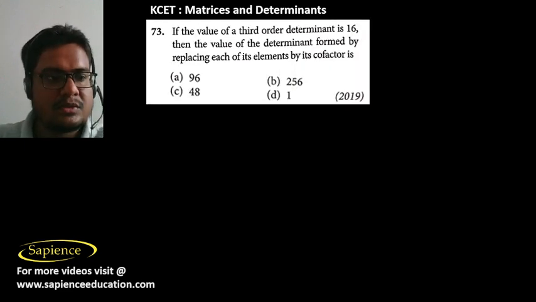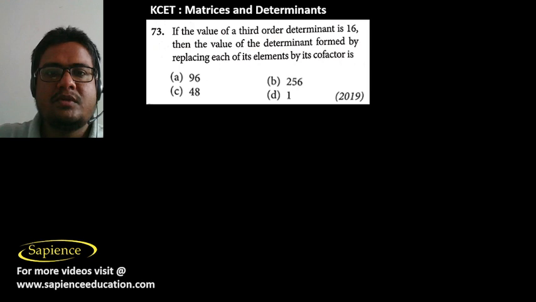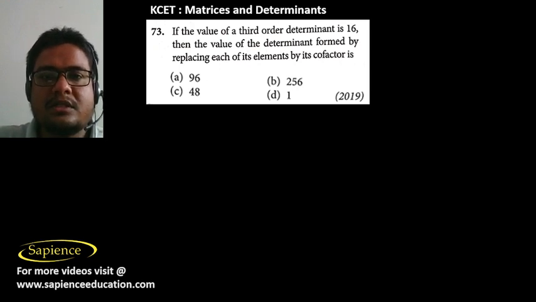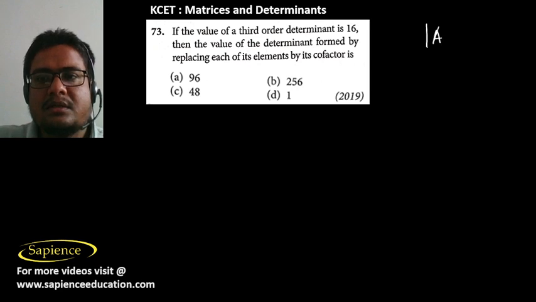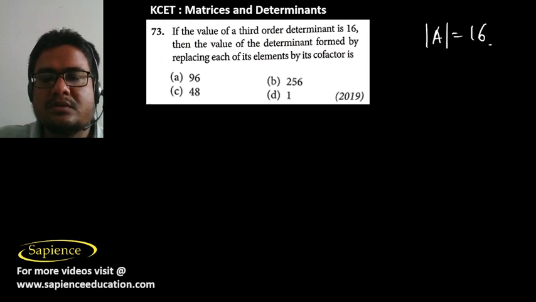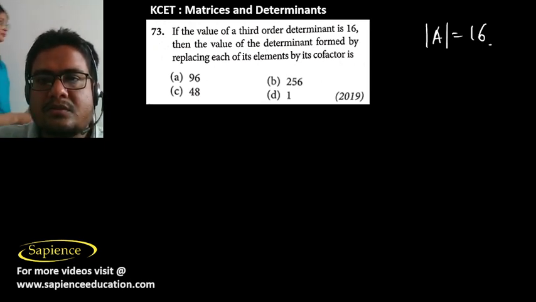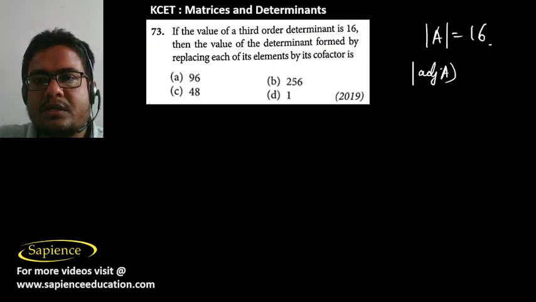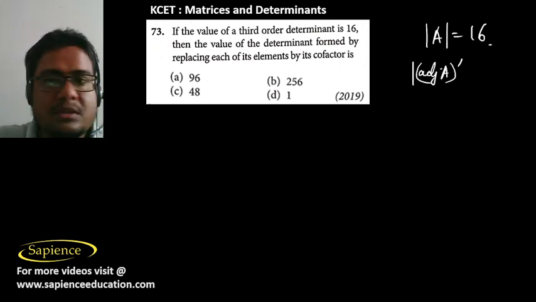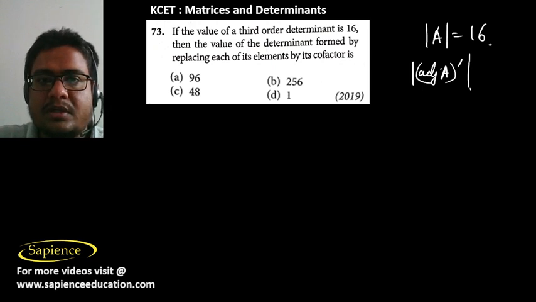Then question number 73. It is told that the value of a third order determinant, let the determinant of A be equal to 16, then the value of the determinant formed by replacing its elements by its cofactors is asked. So now it means we have to find the determinant of the transpose of the adjoint, since the transpose of the adjoint will be equal to the matrix formed by replacing its elements by the cofactors.